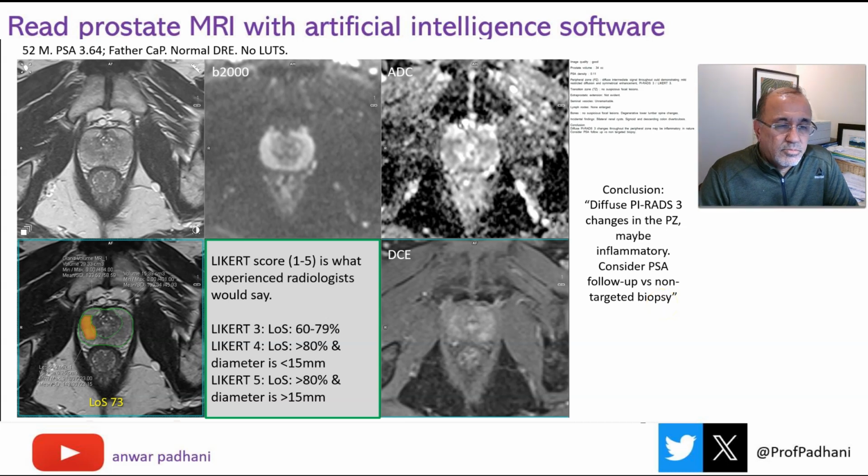Now, PSA DRE should really be a focal lesion, but that's the report, a diffuse PSA DRE, and the level of suspicion is here by the AI. It says it's 73, so it's still putting it as a Likert 3. It's saying, I'm not really sure what this is, but if you're going to biopsy, look at the right-hand side.